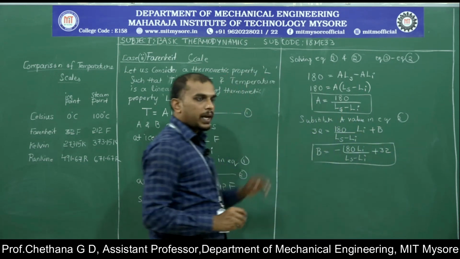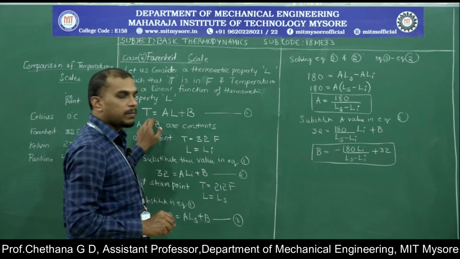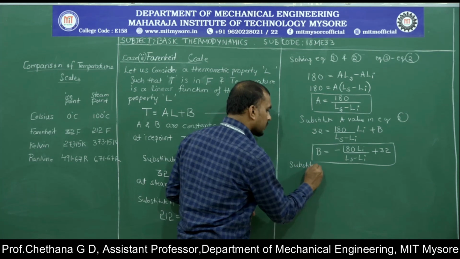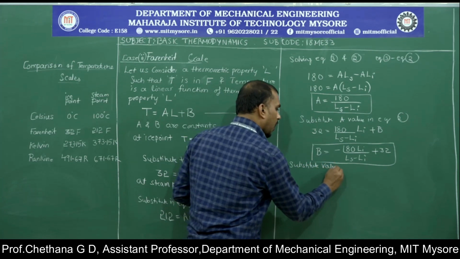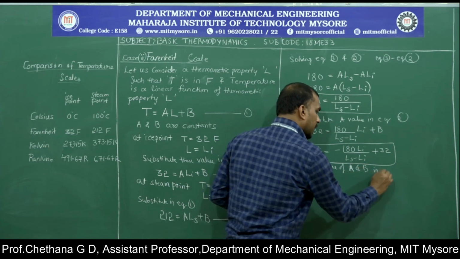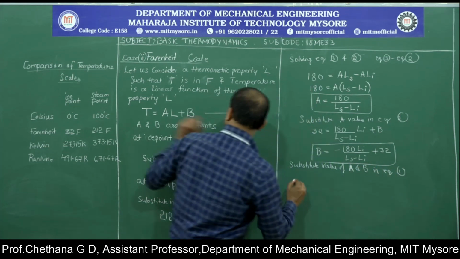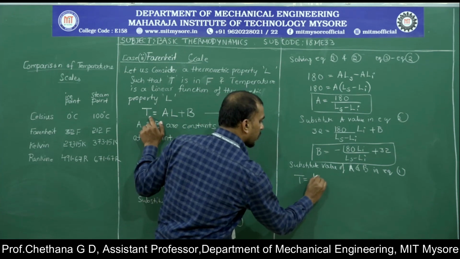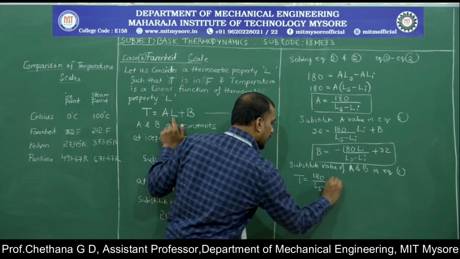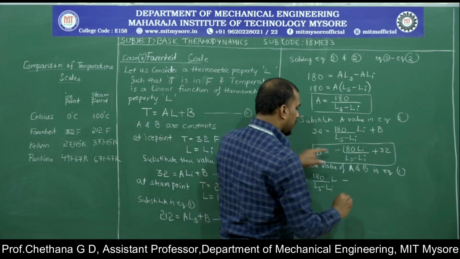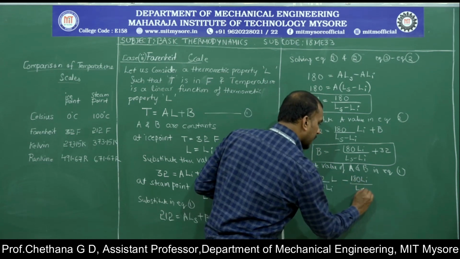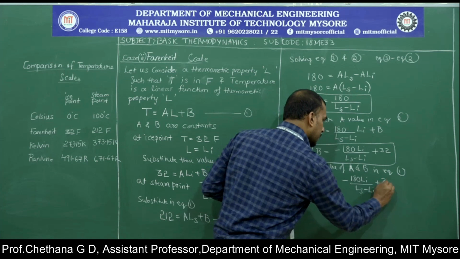Now we have the value of A and B. Substitute the value of A and B in equation 1. So T is equal to 180 by Ls minus Li times L plus B. B value I am writing as minus 180 Li divided by Ls minus Li plus 32.